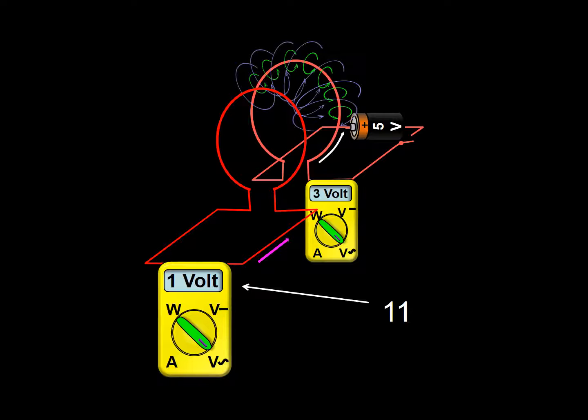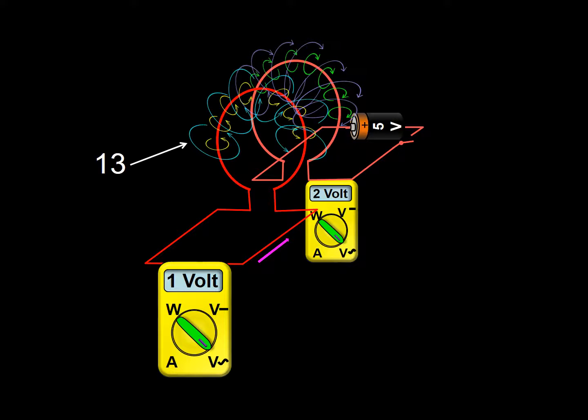In addition, an electromotive force appears in the secondary circuit that produces a current in the secondary circuit. The current again triggers a magnetic force in the secondary circuit.